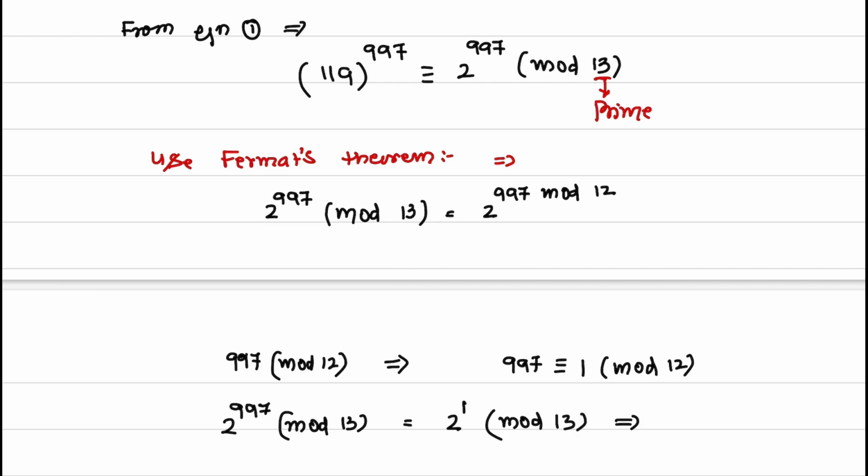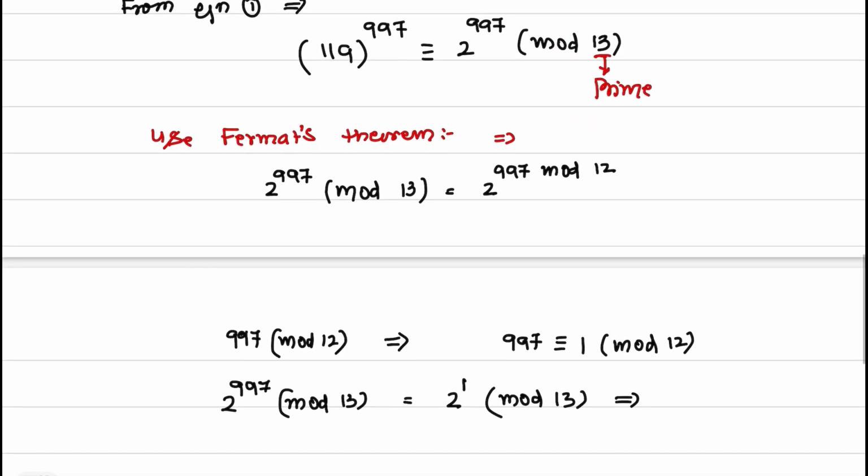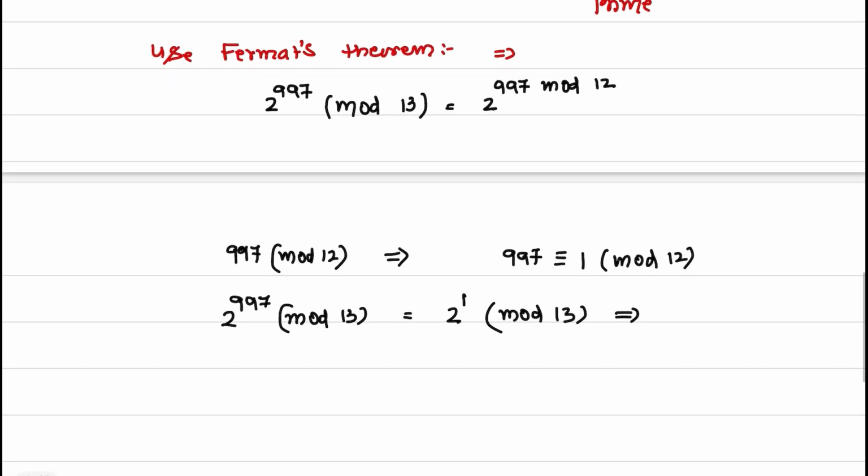Please see how simply we are using Fermat's theorem and getting the answer. 119 to the power of 997 is equivalent to 2 mod 13. One answer we have got.